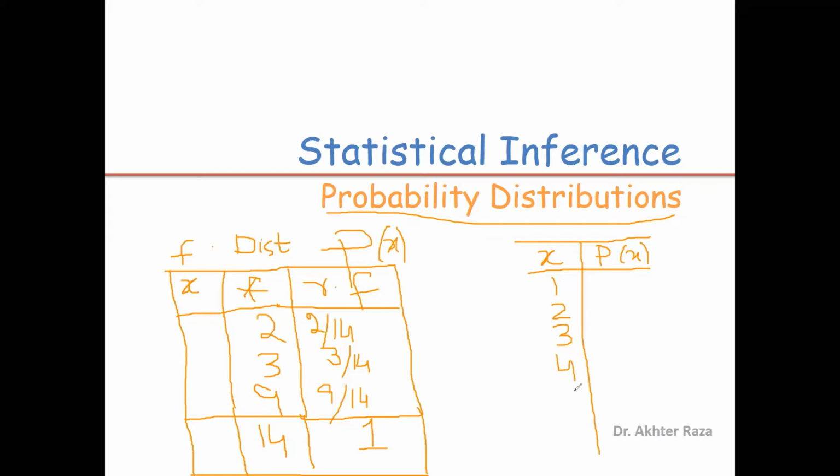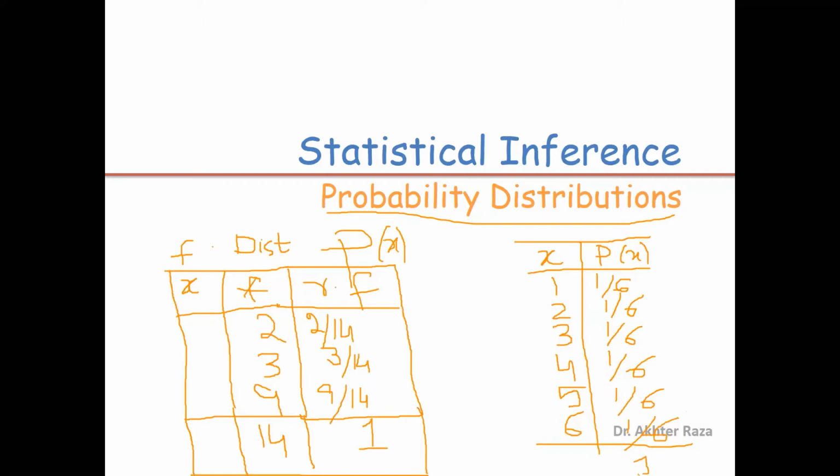Suppose we have 6 values of this random variable x, and their probabilities are equally likely, meaning it is 1 by 6 all over. And the total will be 1. We can say that it is a probability distribution. Total is 1.